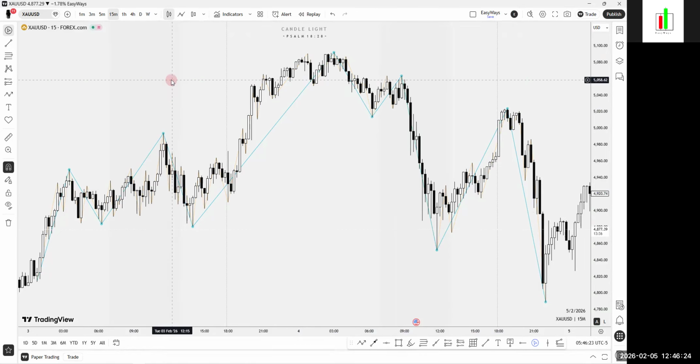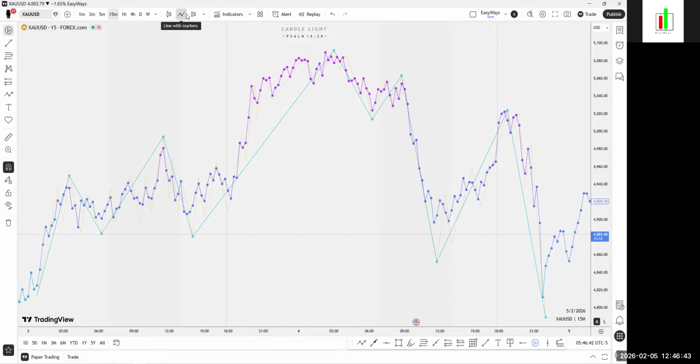So when it comes to market structure, there are people who focus on the highs and lows, which is us, as we do. But there's also a group of people that will work with the line chart instead of the candle.